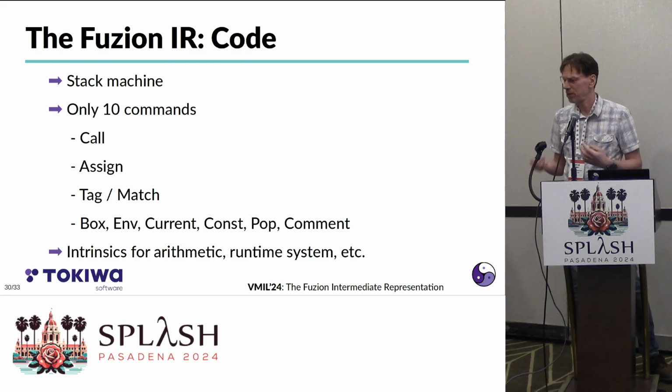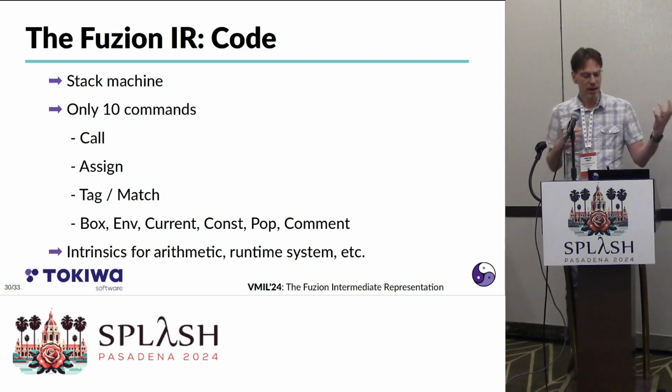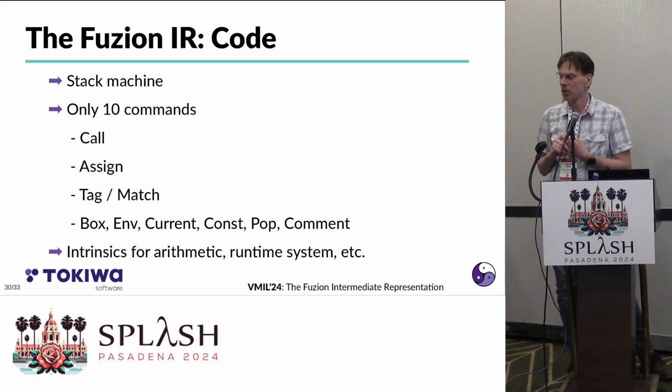So all the arithmetic, floating point, integer arithmetic is done via intrinsics, but also anything that affects the runtime system, so internal things related to effects are all done with intrinsics.